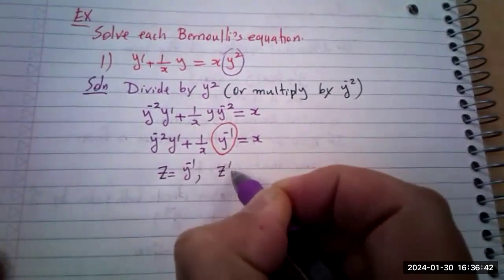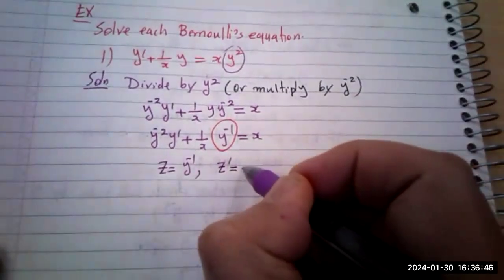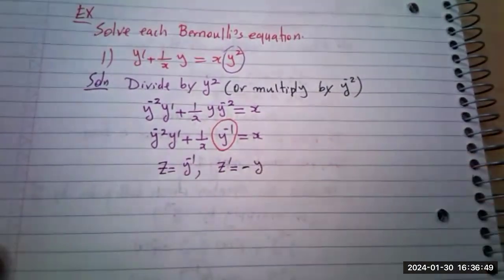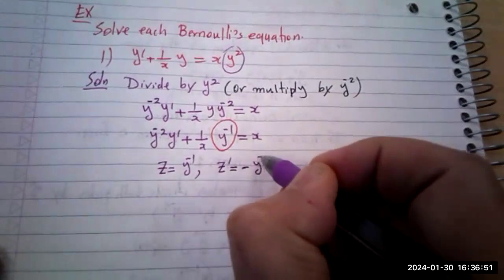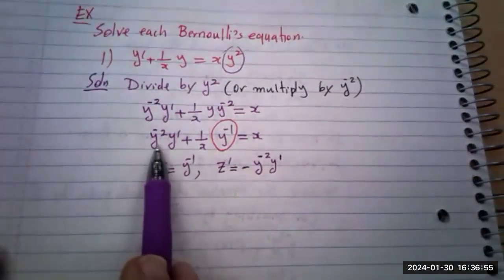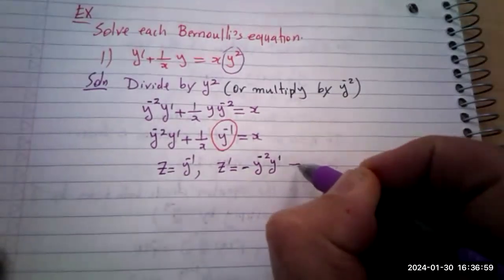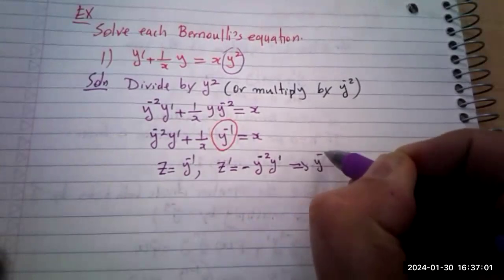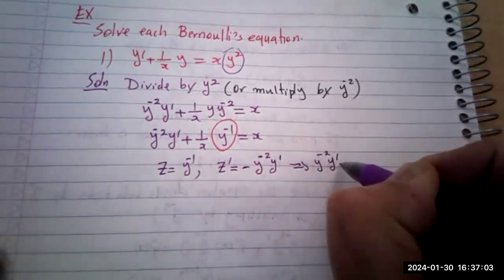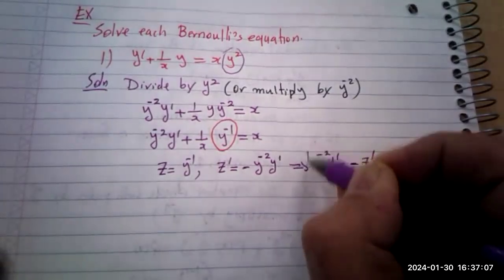Differentiated, z prime is equal to, bring the power down, negative y to the negative 1 minus 1, negative 2 times the y prime. It's almost what you like, but there is a negative sign here. So you are going to solve it for y to the negative 2, y prime. It's going to be negative z prime. This negative is very important. Make sure you don't miss it.